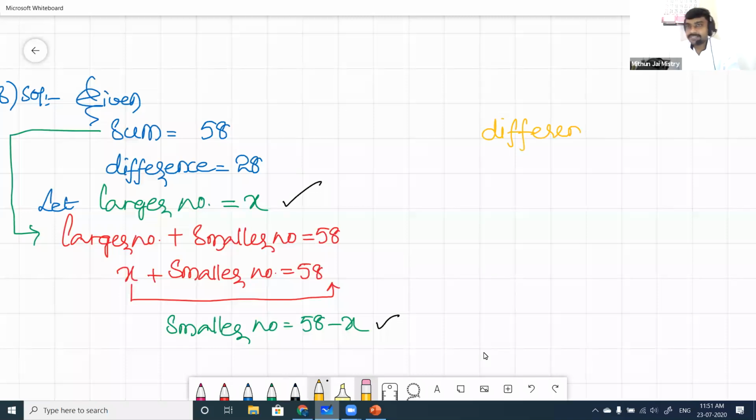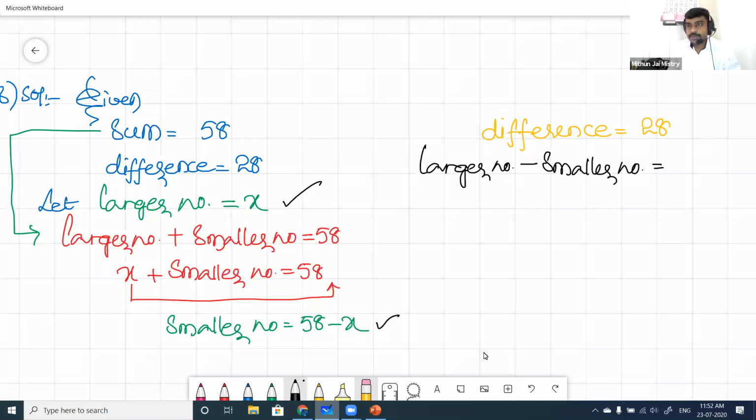Now what do you mean by difference? I said when you subtract two numbers. So here I will write larger number minus smaller number is equal to 28.